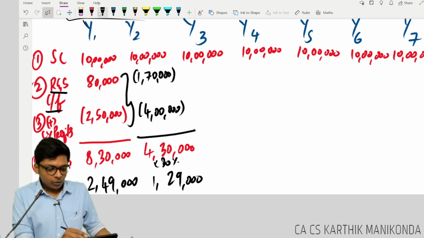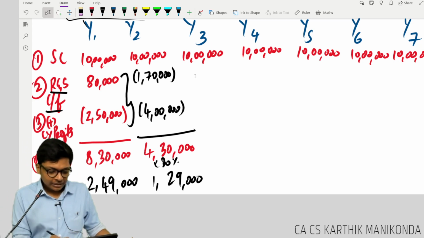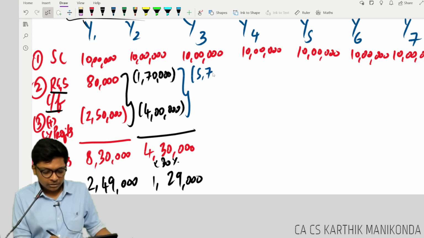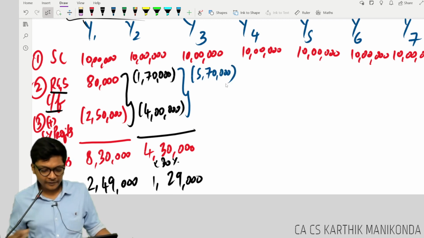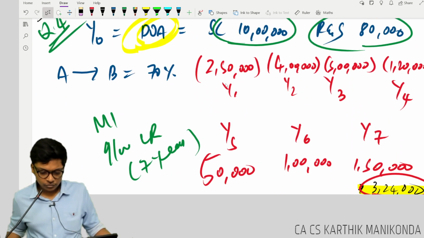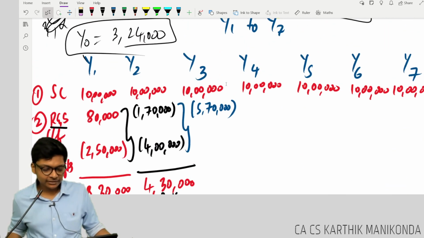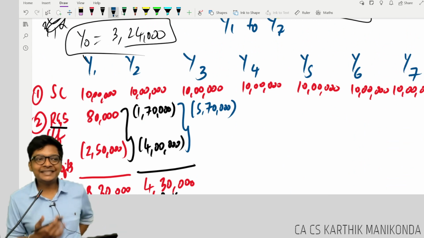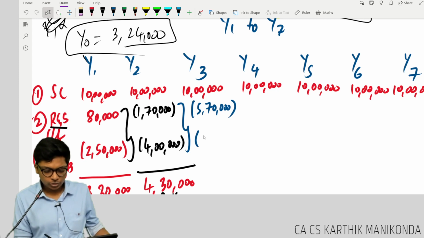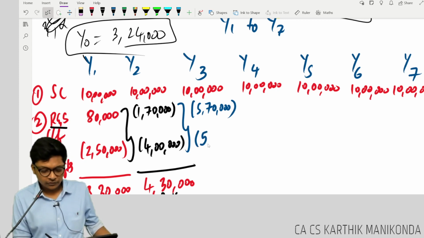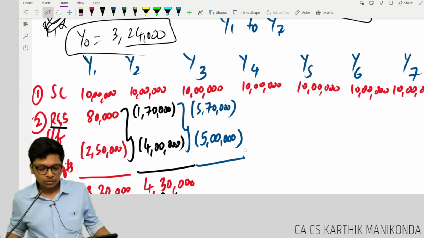Year 3, what is going to be my collective loss? 5,70,000. Do it, guys. Year 3 losses, 5 lakhs. I hope you're understanding what we are doing. Easy, right? So what will we do now?